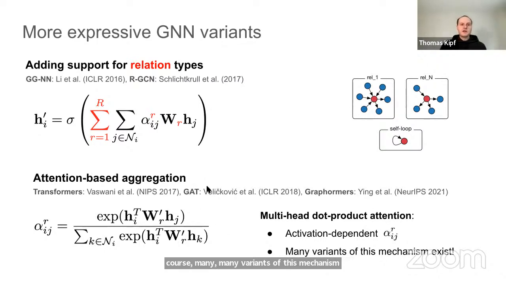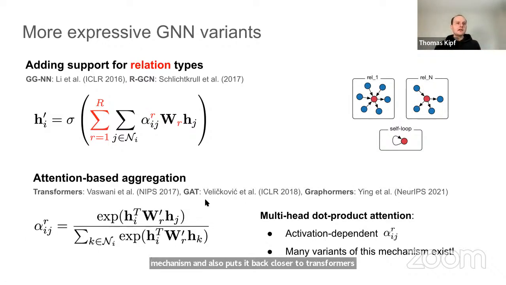So one variant is graph attention networks, which take the transformer update rule and change this particular update rule here a little bit. And Graphormer is a recent paper that also takes a very similar mechanism and puts it back closer to transformers.